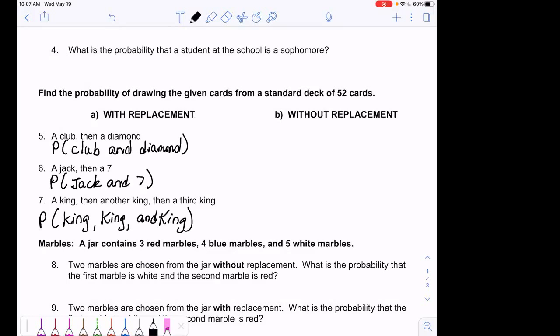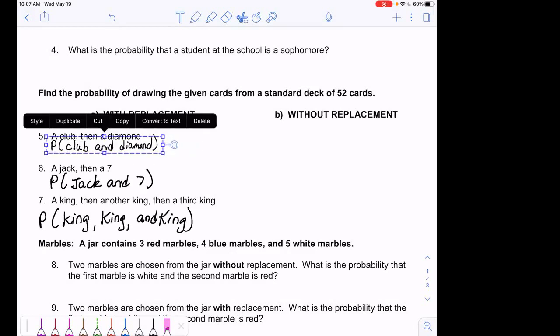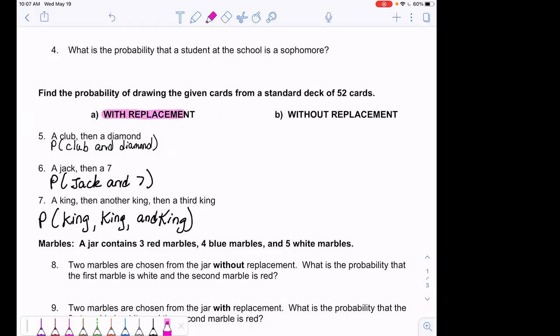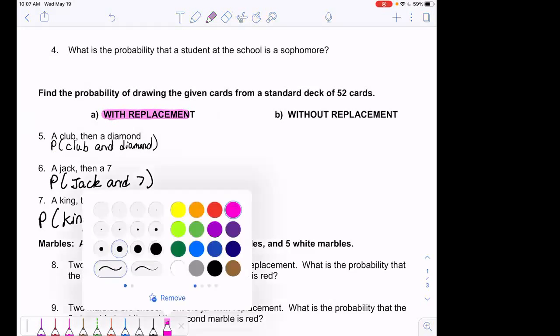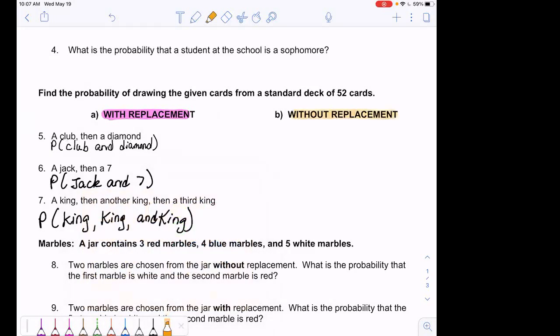So 5, 6, and 7 is a 2-part question. The first part says, find the probability of drawing the given card from a standard deck of cards. Part A is with replacement, so you take the card out, you place it back in the pile. Part B is without replacement, so you take it out and you don't put it back in the pile.